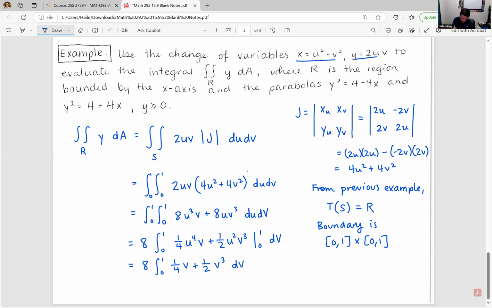And then I'm going to integrate again with respect to v. So this is 8 times 1/8 v squared plus 1/8 v to the fourth, evaluated from 0 to 1, which is 8 times 1/8 plus 1/8. Again, both terms go to 0 when I plug in 0, which basically just gives me 1 plus 1, which is equal to 2.